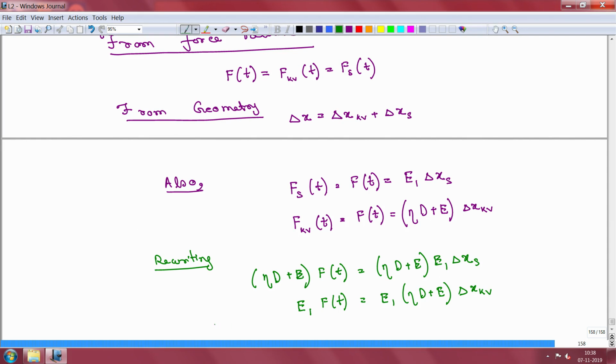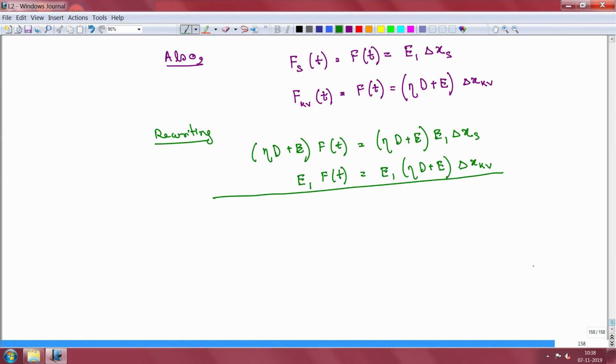So, now this is in a form such that you can simply add these two expressions.